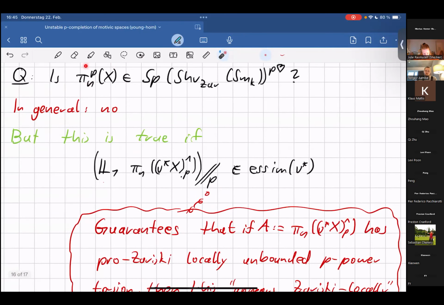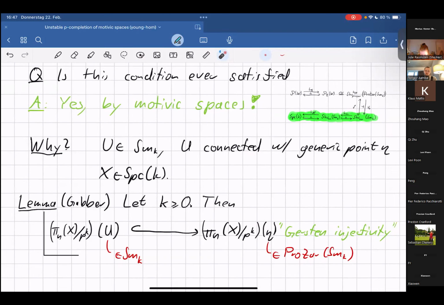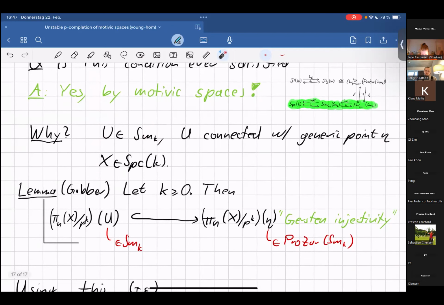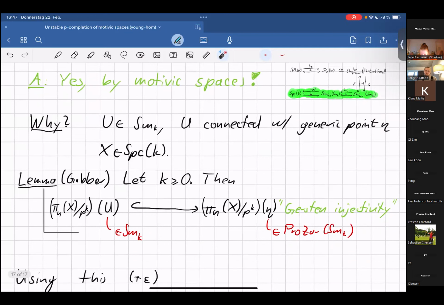And now the thing what happens is, yes, it is satisfied by motivic spaces, and you can ask why. And the idea is if you start with a scheme U, which is smooth, and U is connected and has generic point eta, and you have a motivic space X, then there is a result by Gabber that for every k, there's an injective morphism of this form where you start here with the homotopy group of X mod p to the k and evaluate at U, and you go here to the generic point.